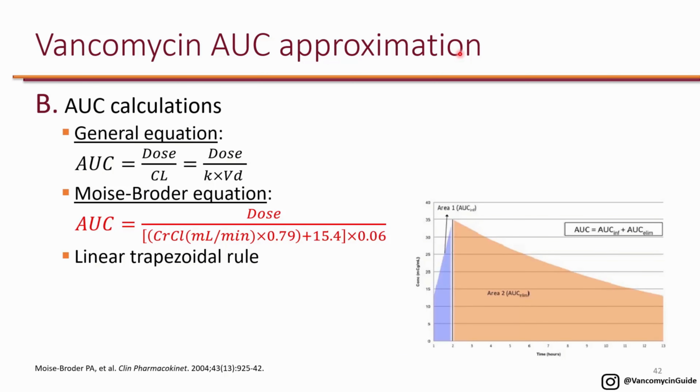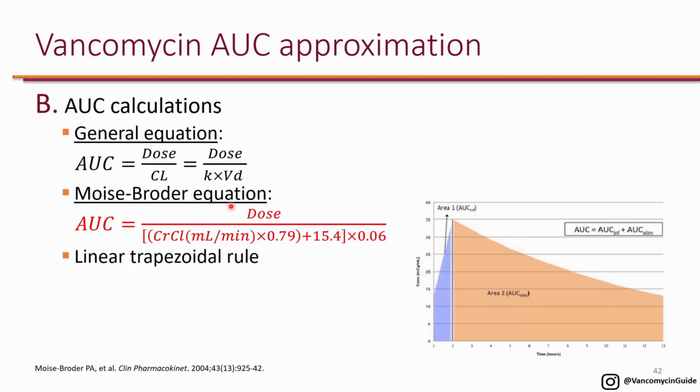So what else can we do to estimate AUC if trough is not really a good surrogate for AUC? One thing that you can do is use the general equation AUC equals dose divided by clearance. So especially if you have 2 levels and you actually calculated the clearance in the patient, you know the dose and you know the clearance, you can actually get the AUC. Now empirically, when you're just starting the dose, you can't really know the clearance in the patient from levels, because you haven't received levels yet.